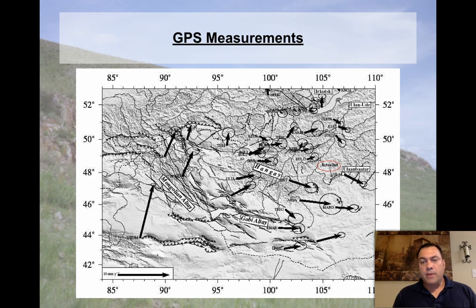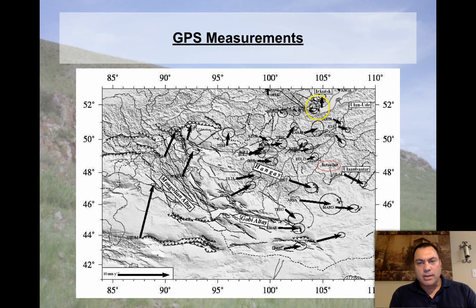Another very important piece of data that we had going into our field investigation of the Hustain Fault was that we had GPS measurements. We actually knew the recorded motion of different areas, all relative, I believe in this case, to Irkutsk, which is located in this image up here to the north. I believe that's what they were using as their standard.